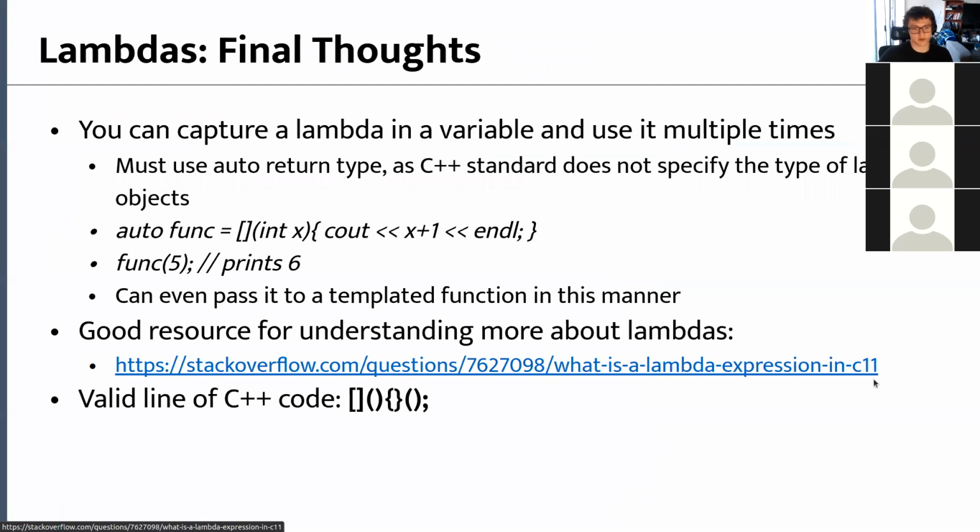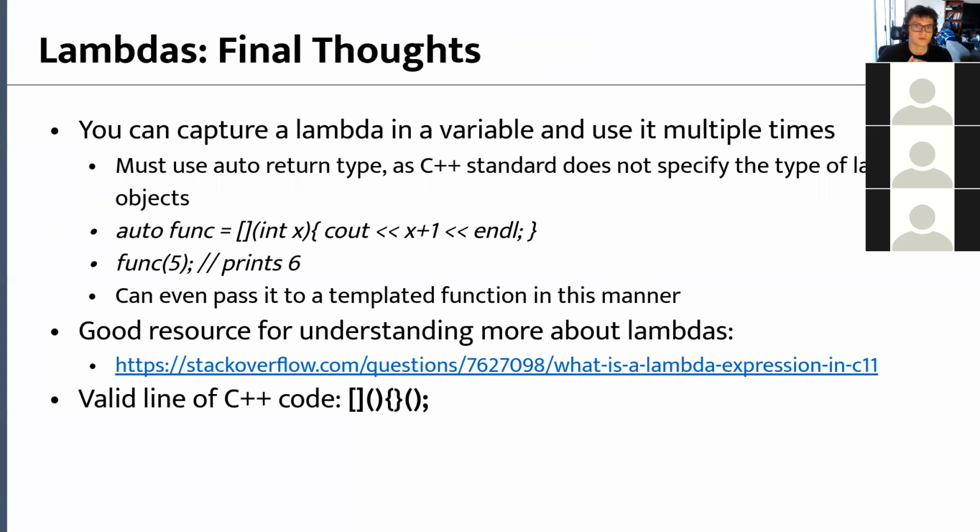Oh, yep. And here's the Stack Overflow post I was talking about. One more weird thing about lambdas is you can store a lambda in a variable using the auto type, which is super interesting. And usually you don't really have an easy way in C++ of storing functions in variables.